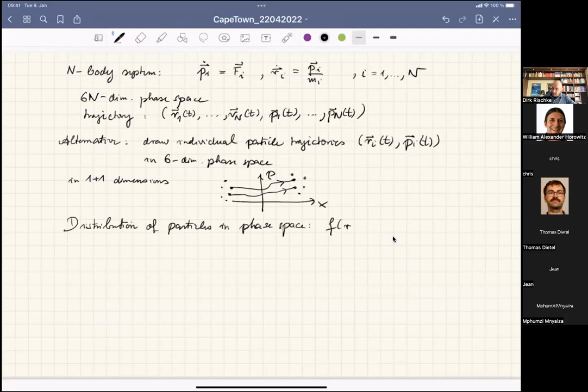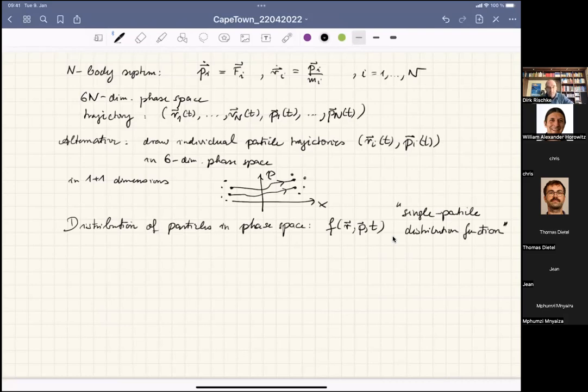It depends on coordinates, momenta, and the time. This is sometimes called the single particle distribution function. And this will be the central object for the remainder of this lecture.